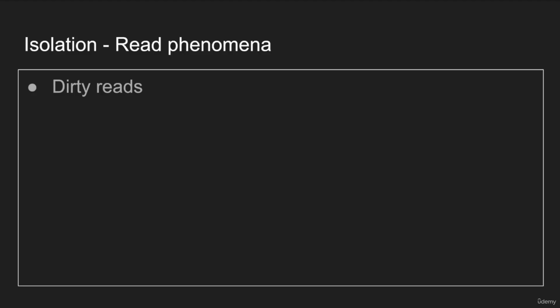So there's a chance that this change you just read could be rolled back, or it could be committed, or the database could crash. This is called a dirty read. Anything that is dirty means that you wrote something and this write is not fully flushed, not fully committed. It might change. And that's what is called a dirty read.